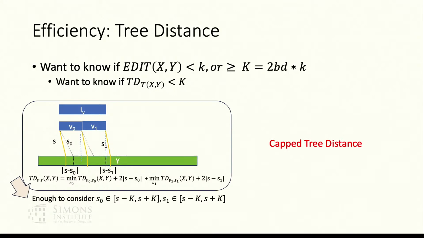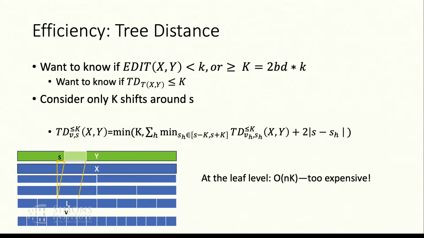But is this enough to get a good algorithm? No. Because this is the definition of capped tree distance, where you're looking at the shapes plus minus k around small s, and you are capping it at k as well. But even with this capped tree distance, if you're looking at the leaves, how many leaves does it have?